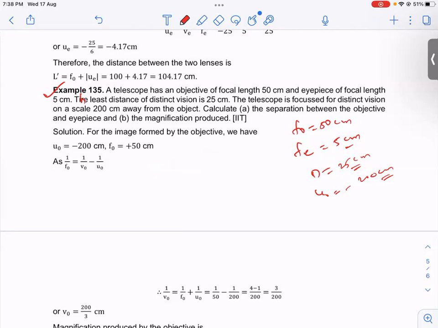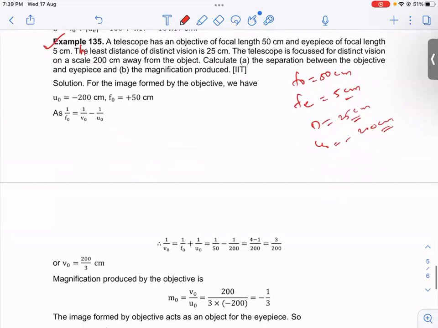For finding UE, what we need to do? First, find out where the image is formed due to the objective. 1 by V naught is equal to 1 by U naught plus 1 by F naught. So 1 divided by U naught is minus 1 by 200, plus 1 by F naught is 1 by 50.